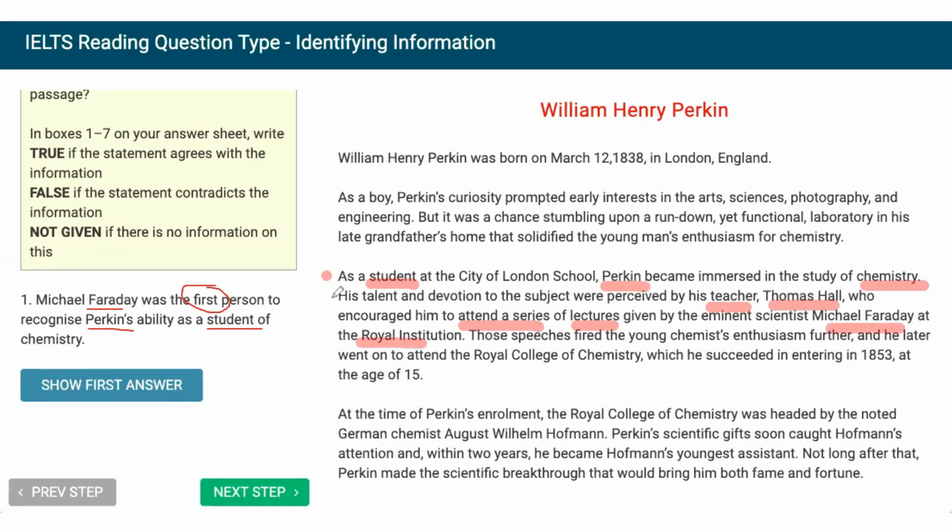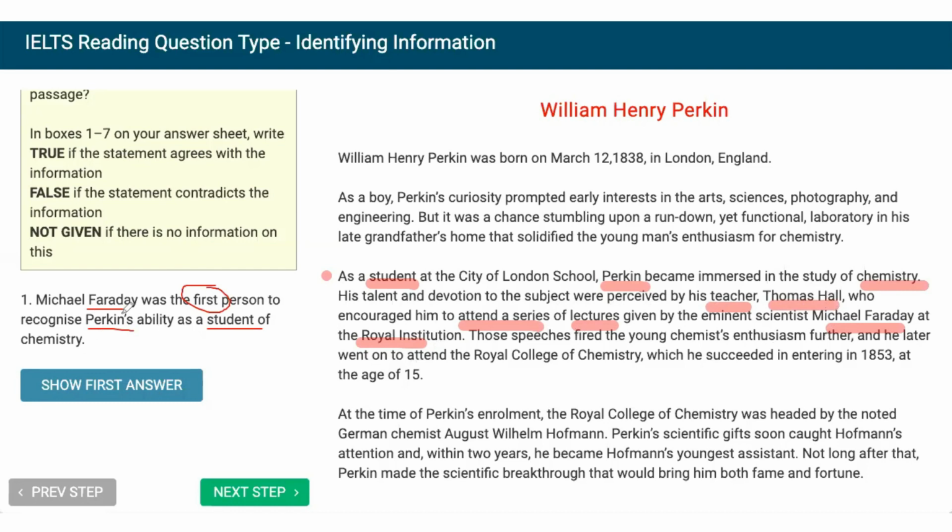Now, the fact that this sentence, his talent and devotion to the subject were perceived by his teacher, Thomas Hall, comes before the Michael Faraday at the Royal Institution, shows us that Thomas Hall was the person who initially recognized Perkin's ability as a student because he encouraged Perkin to attend these lectures.